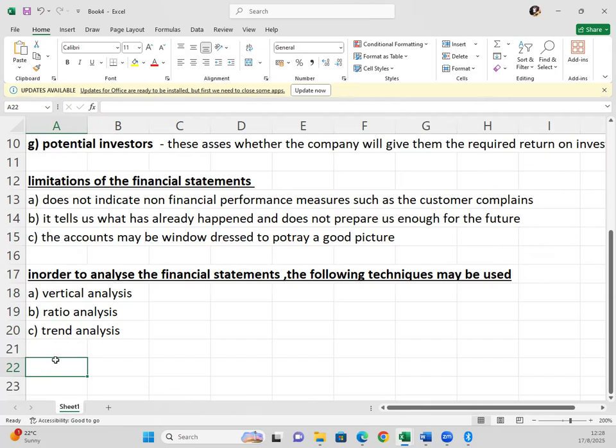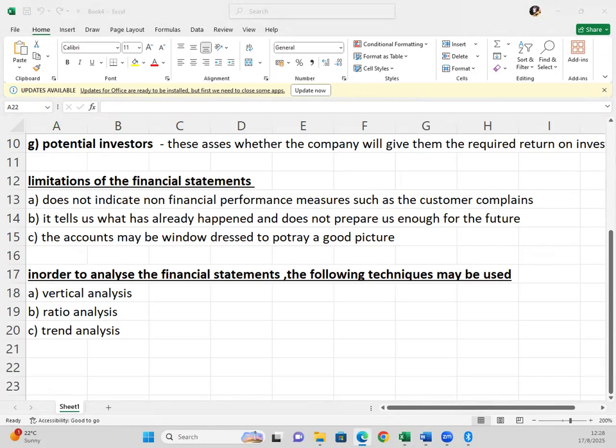We can express our profit as a percentage of sales, and our expenses as a percentage of sales. So we express as a percentage of something, then you compare with another period. The vertical analysis applies the same principles as the ratio analysis. The main one that we are going to discuss is the ratio analysis.